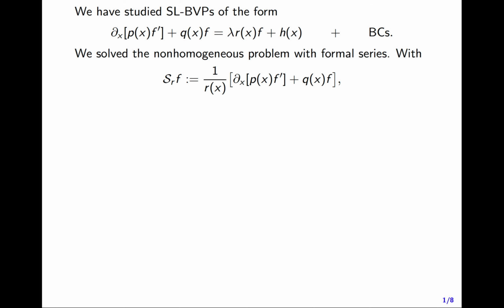If we compress, as usual, the differential equation part to the operator S_R on f equals 1 over r of x times the first derivative of the product p of x times f prime plus q of x times f, then the ODE part is equivalent to the operator equation S_R minus lambda times the identity operator on f equals h over r, where my identity operator just is identity on f equals f.